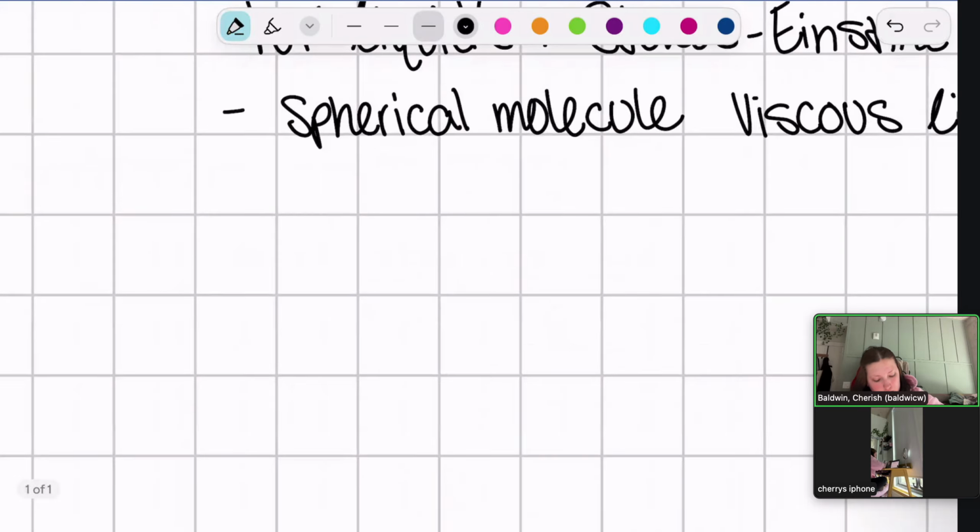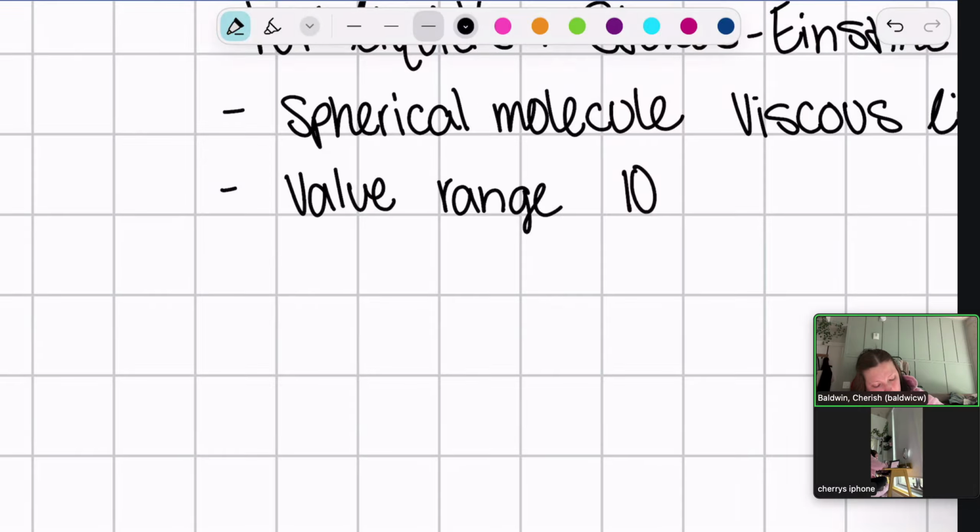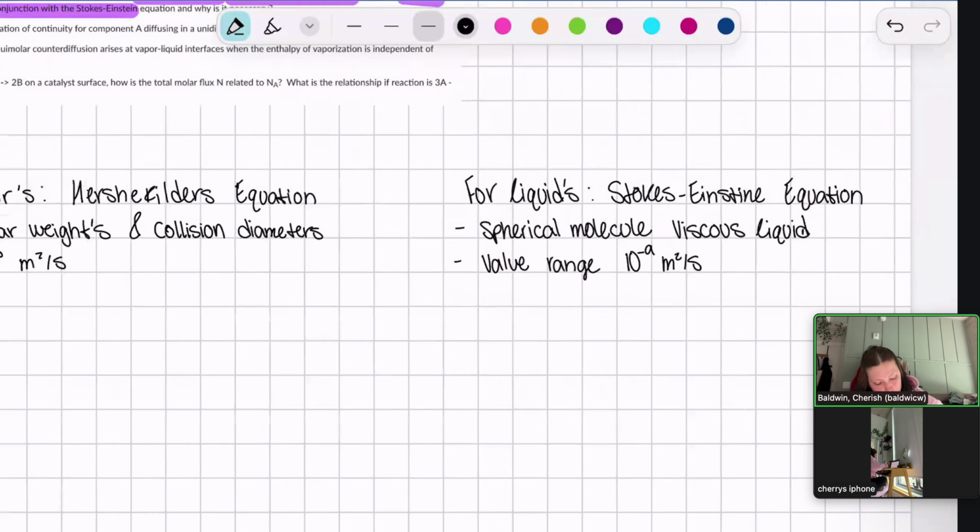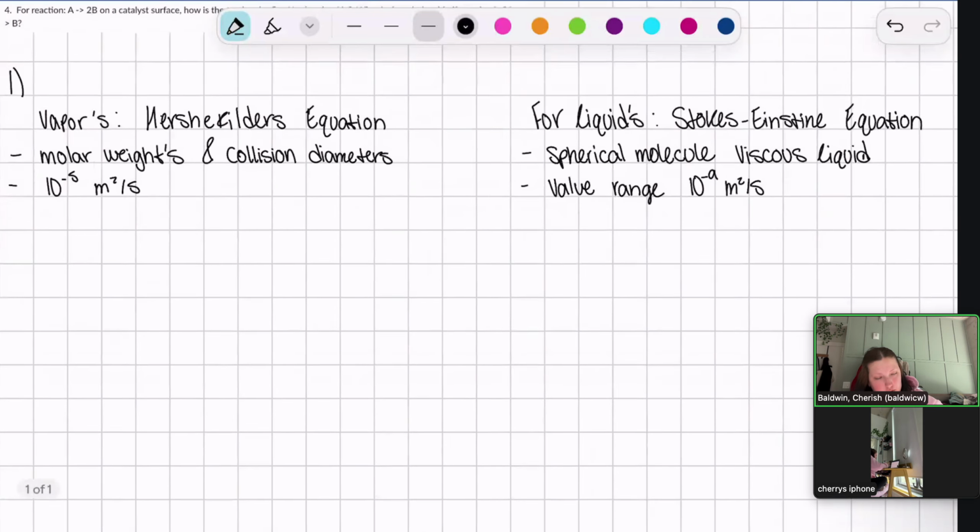This is theoretical, and the values range from 10 to the -9th meters squared per second, which is way smaller than Hirschfelder's equation.